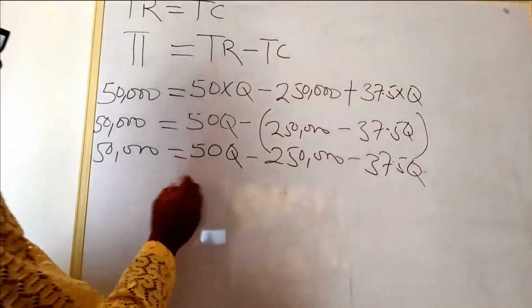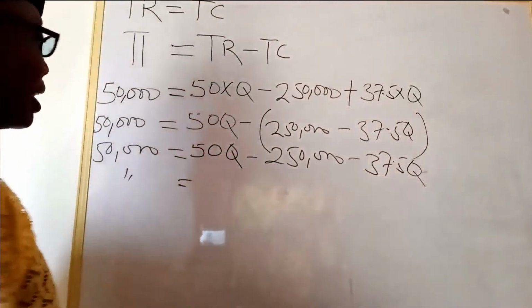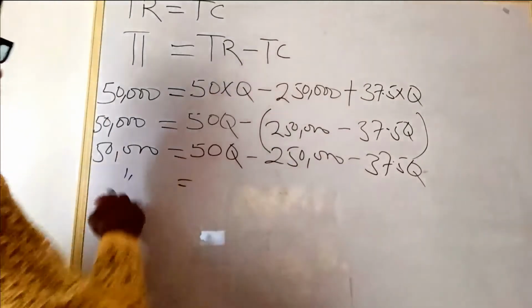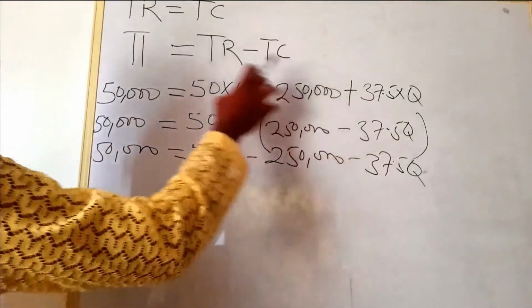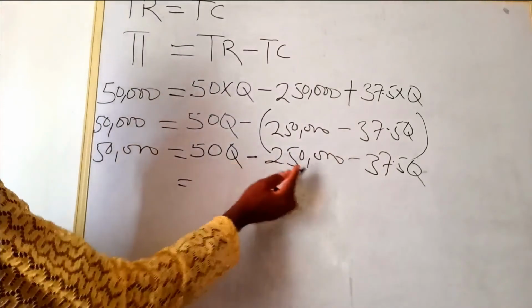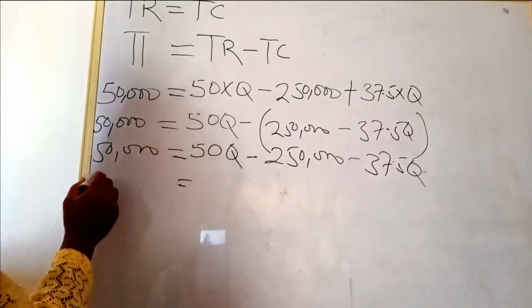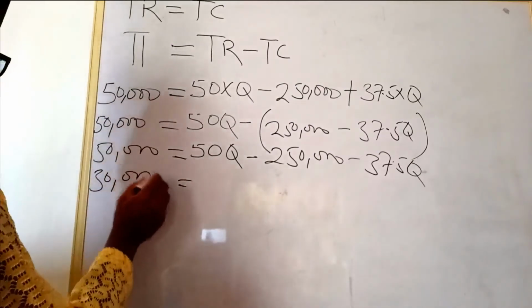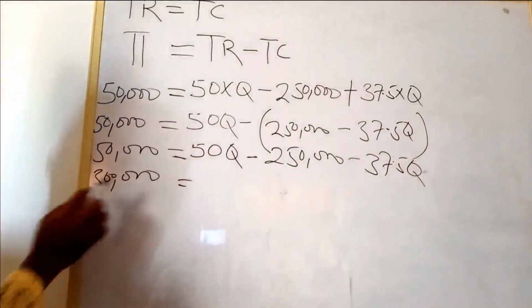At this stage, if we collect like terms, when this moves over here, 250,000 with the negative sign in front, crossing over the equality sign becomes plus. What I mean is 250,000 plus 50,000 will give you 300,000.